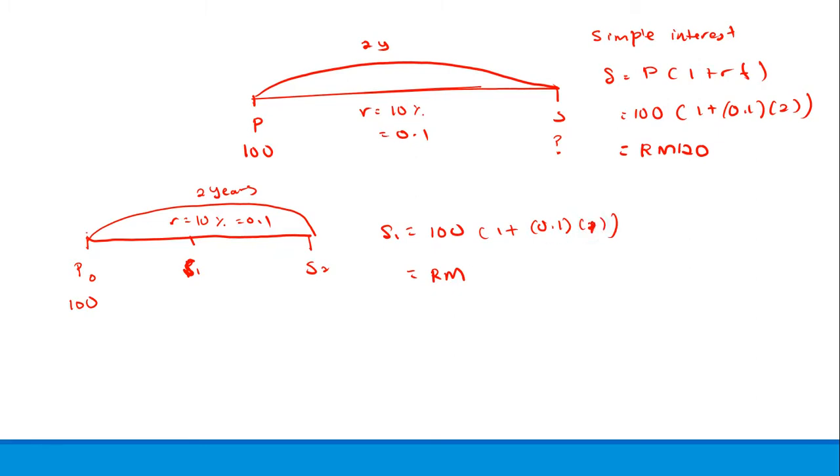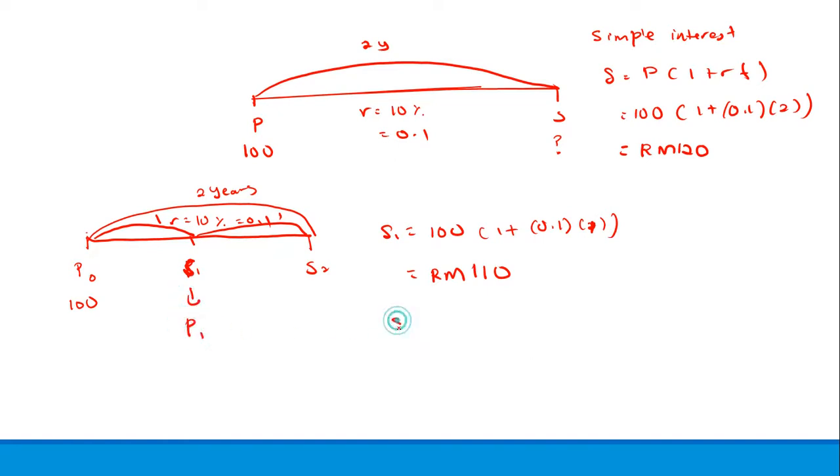Okay, for 1 year, this one is 1 year and this one is 1 year. The total is 2 years. And you get 110. Again, this S1 will become P1.